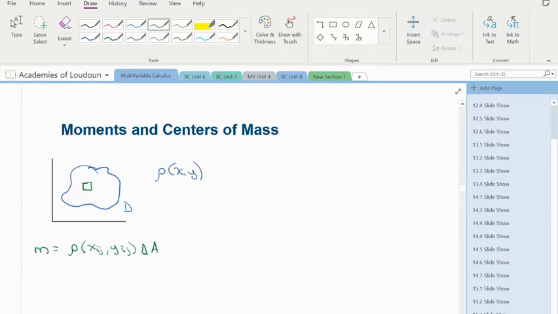And so we can approximate the moment of that with respect to the x-axis by multiplying by the y distance.